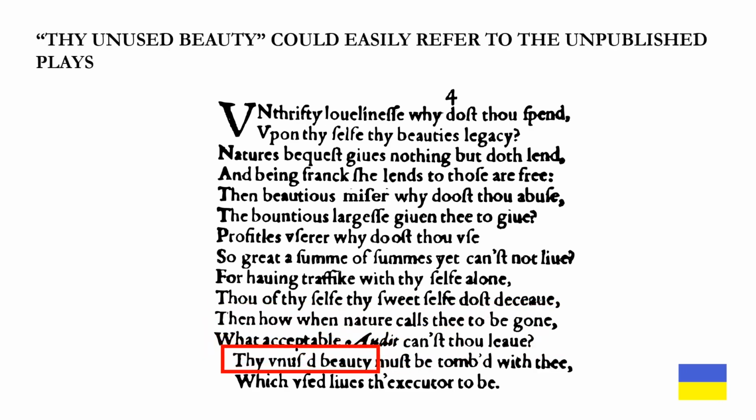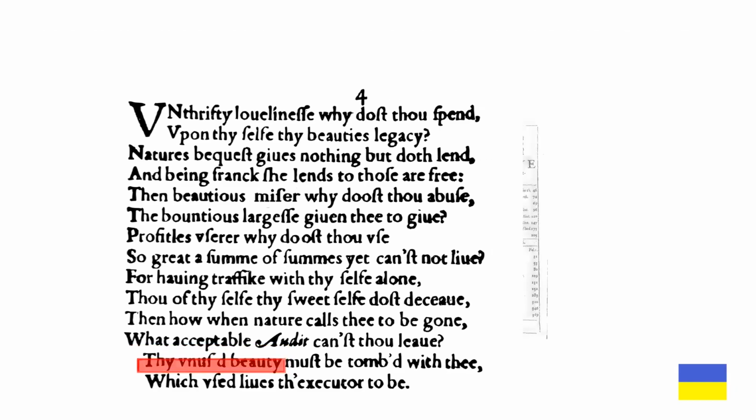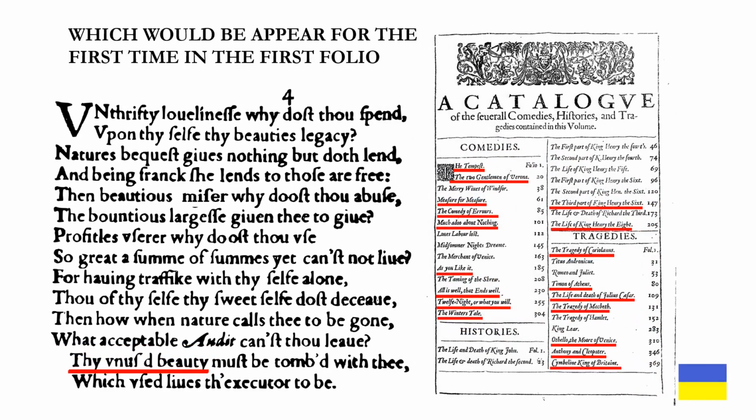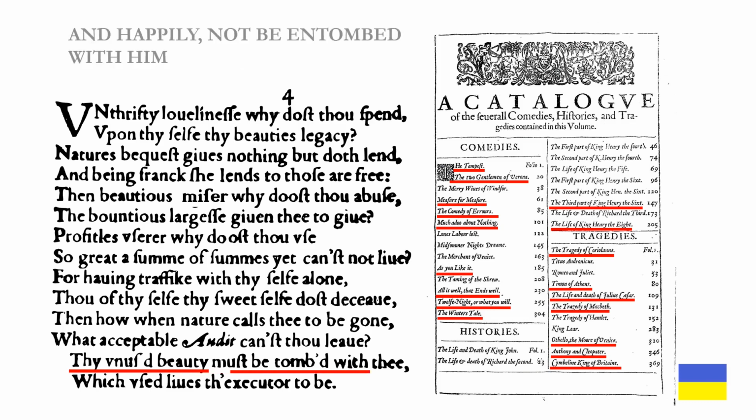Thy unused beauty could easily refer to the unpublished plays, which would appear for the first time in the first folio. And happily, not be entombed with him, as he fears.